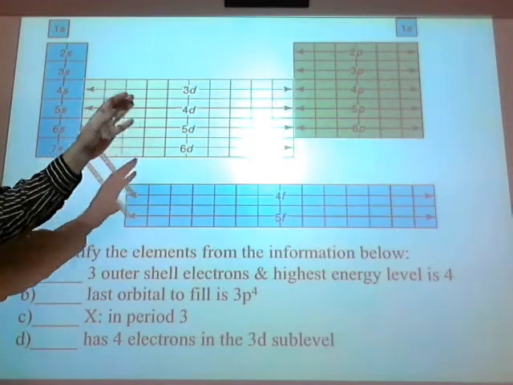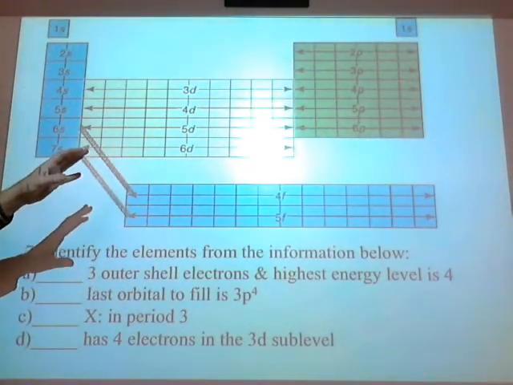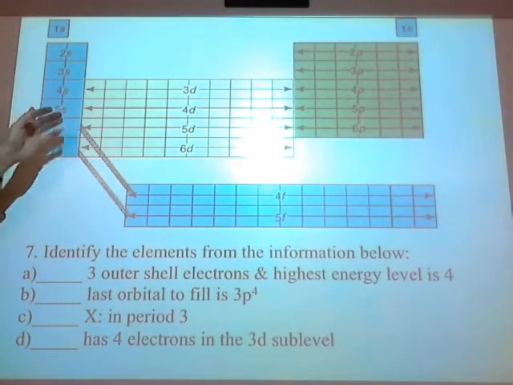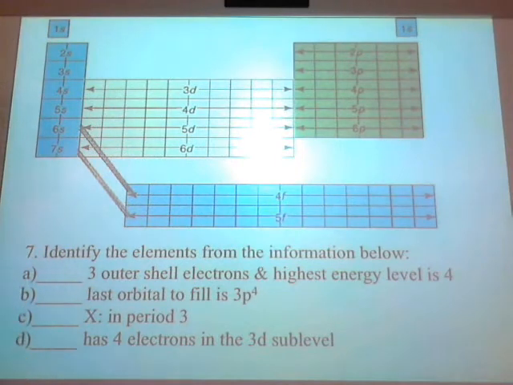The periodic table is arranged the way it is for a reason. It makes life easier for us. I can tell you the last thing written on any element because all I got to do is know what row he's in. That's the highest energy level. What block he's in. And I don't have to memorize this, guys. How do I know this is the S block? How do I remember that without memorizing it?